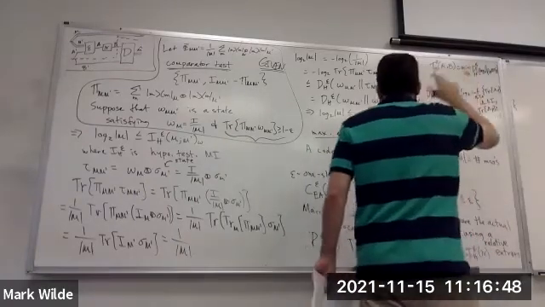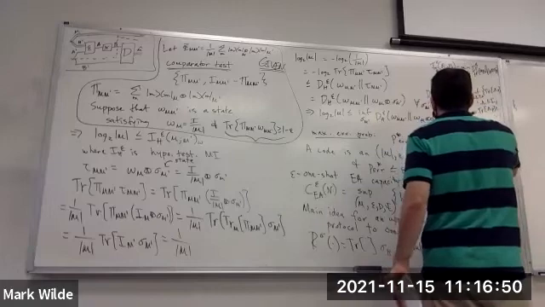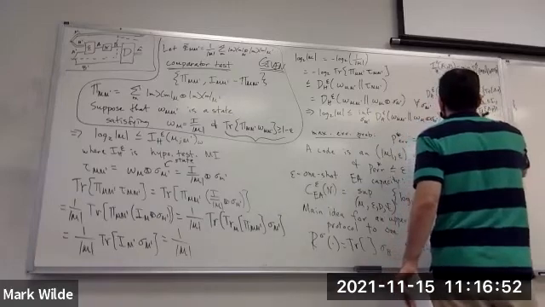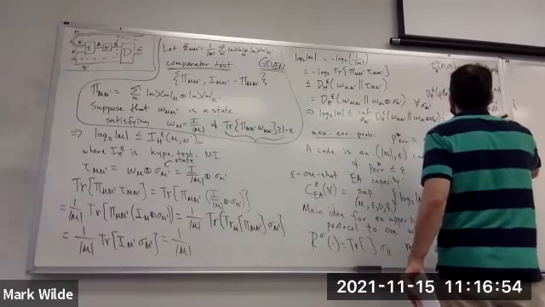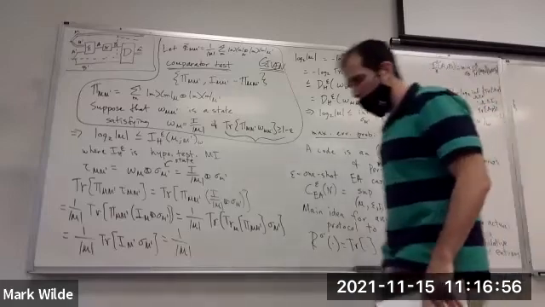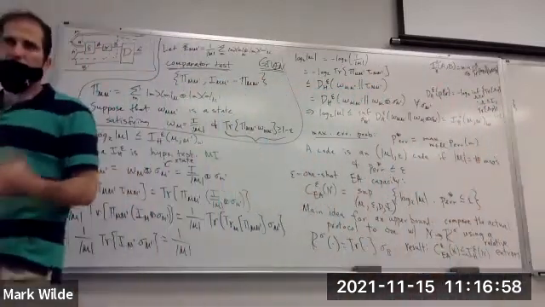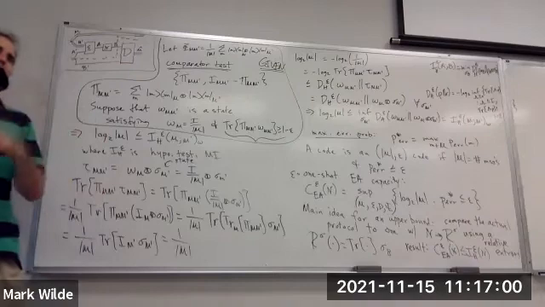But plug it into definitions. This is exactly hypothesis testing mutual information. Okay, so that's an upper bound relating the number of bits to a mutual information like quantity.